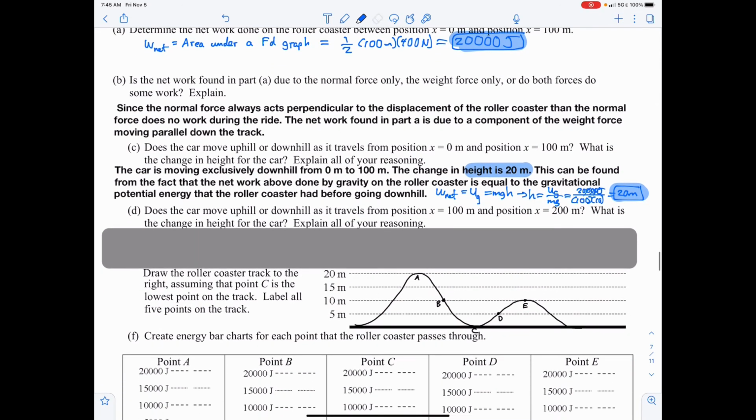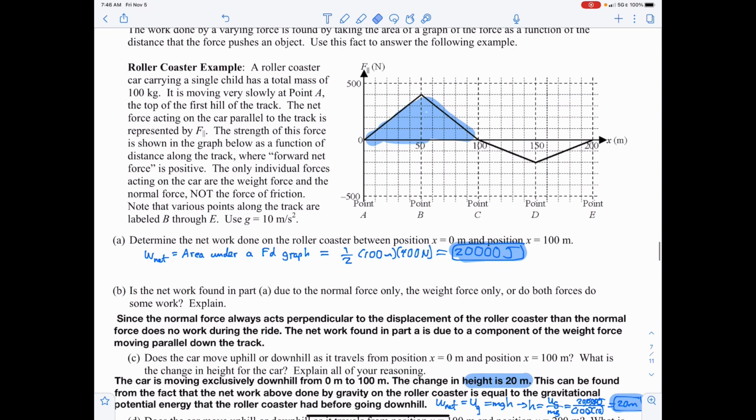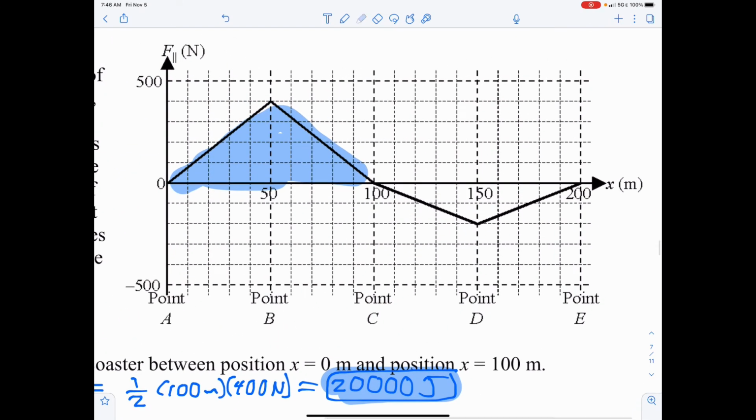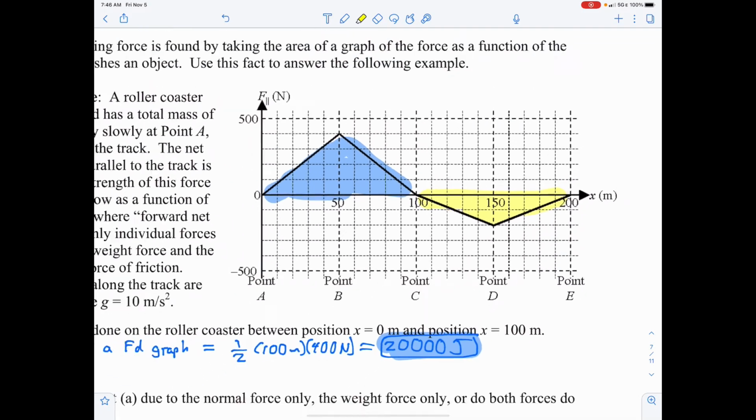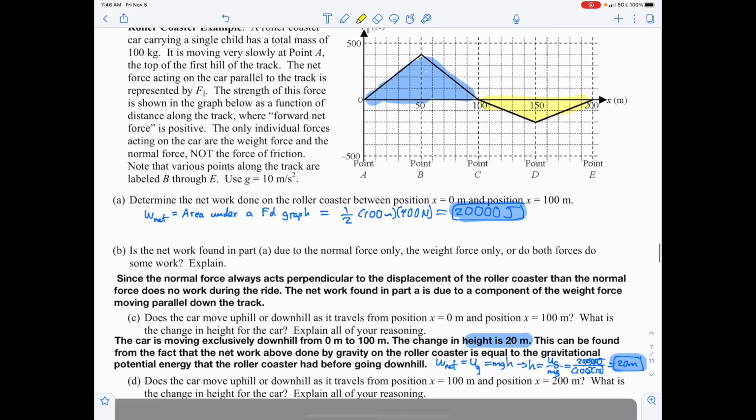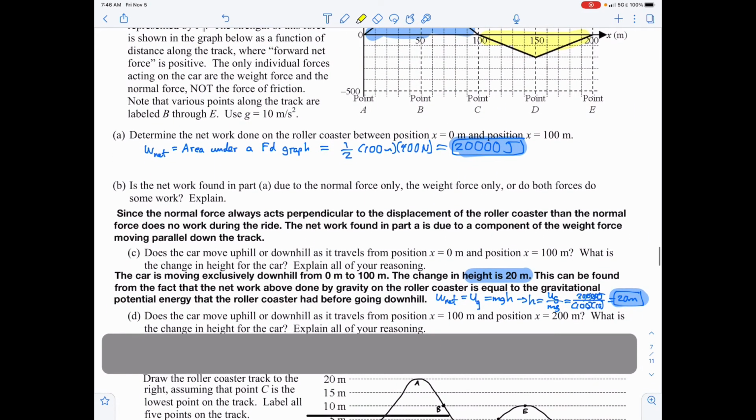Part D. Does the car move uphill or downhill as it travels from 100 to 200 meters? Well, let's see what's going on. From 100 to 200 meters, the area is negative. If the area is negative, that means there is negative work done on the car.